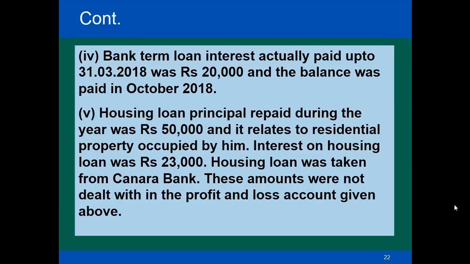Fifth, housing loan principal repaid during the year was rupees 50,000 and it relates to residential property occupied by him. Interest on housing loan was rupees 23,000. Housing loan was taken from Canara Bank. These amounts were not dealt with in the profit loss account given above.